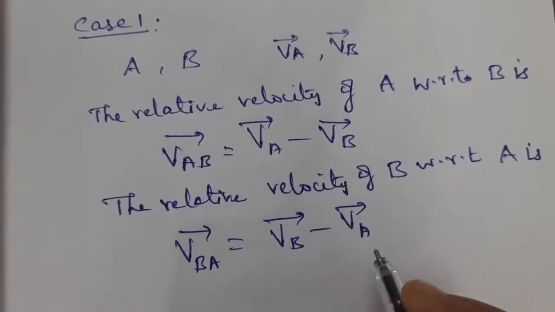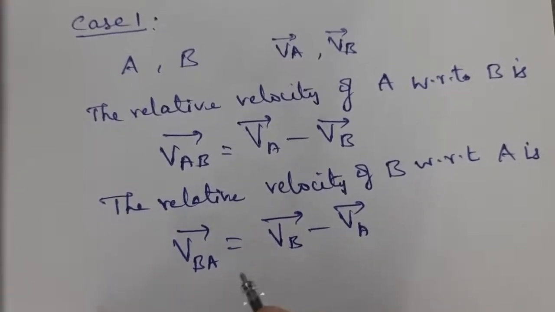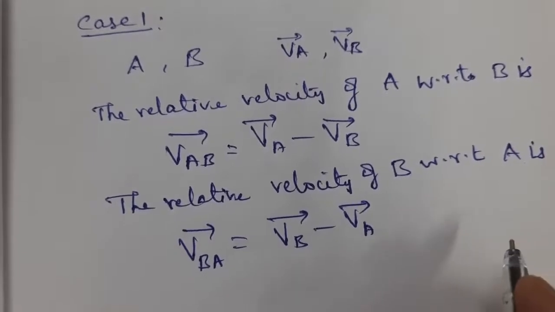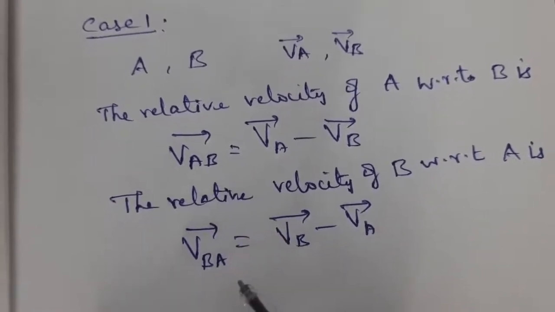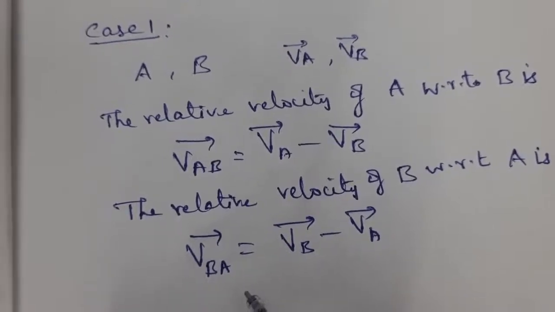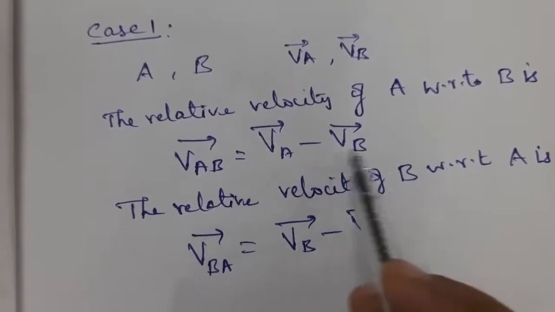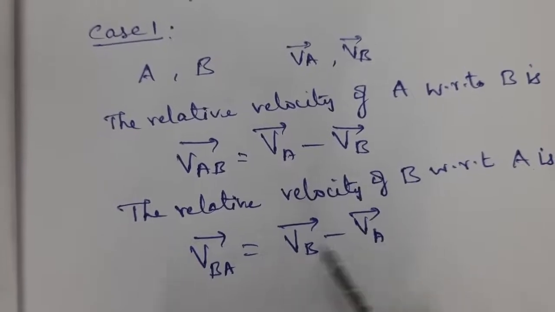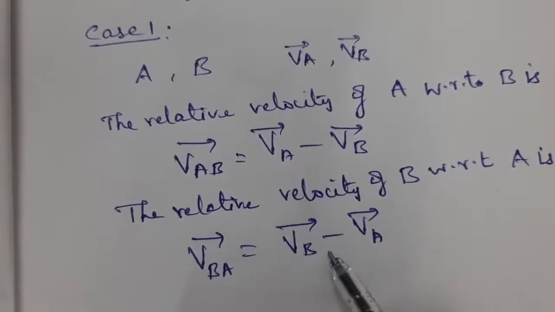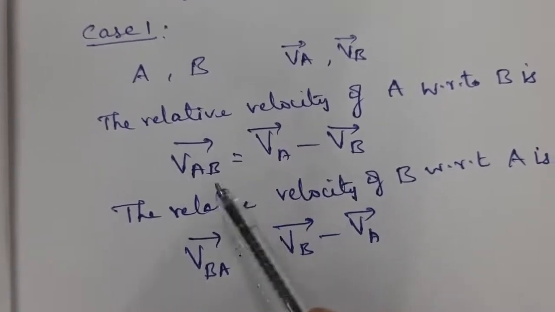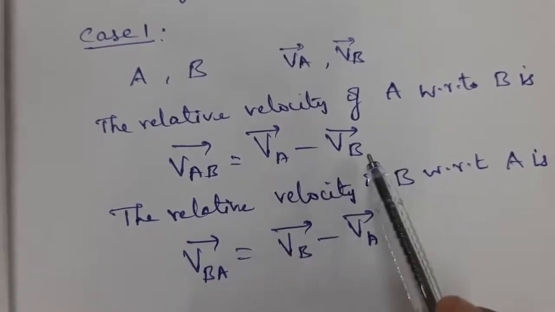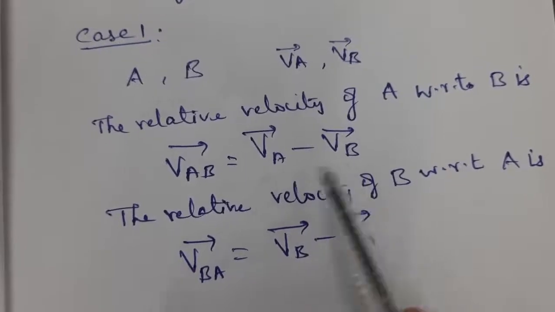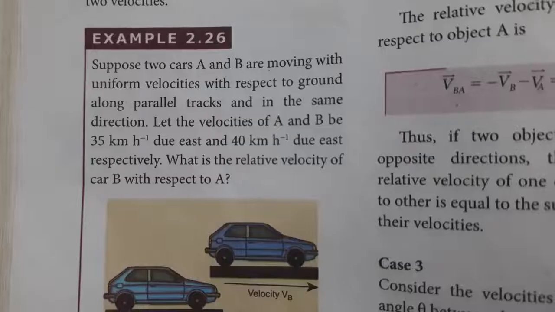So if two objects are moving in the same direction, the magnitude of the relative velocity of one object with respect to another is equal to the difference in magnitudes of the two velocities.